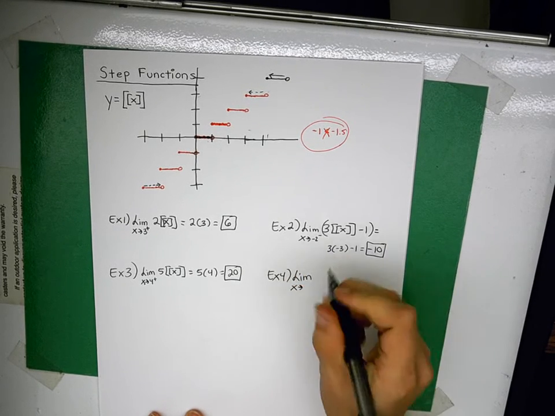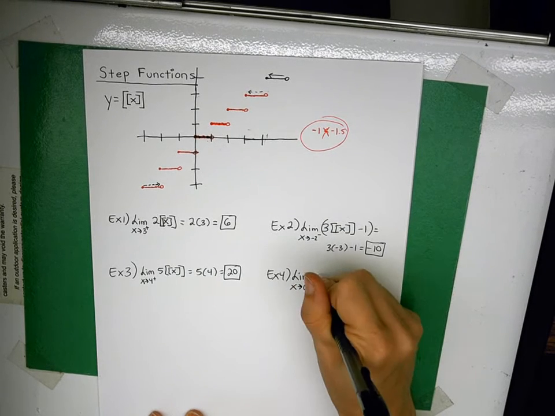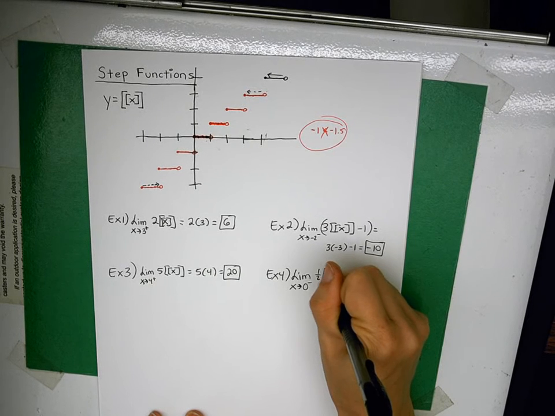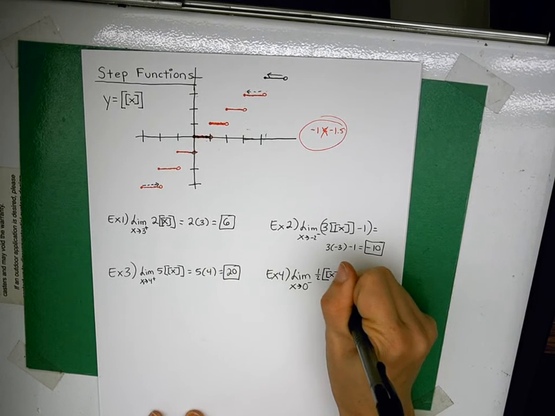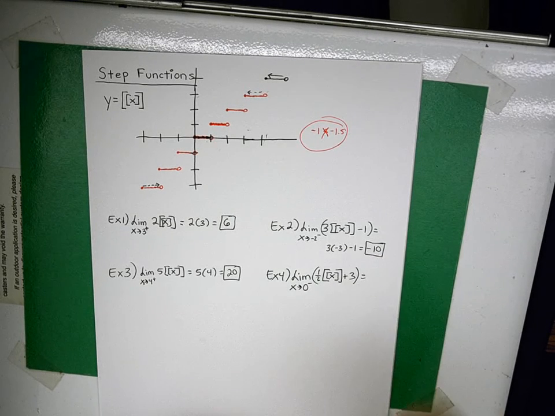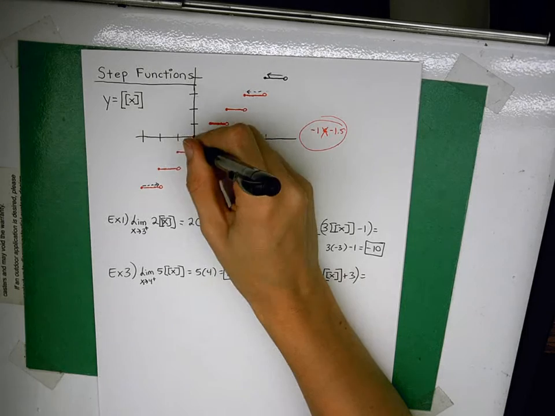Limit as x approaches, let's do 0 from the left of, and we'll do 1/2 times the step function of x plus 3. Give this one a shot. Okay, so approaching 0 from the left is right here.